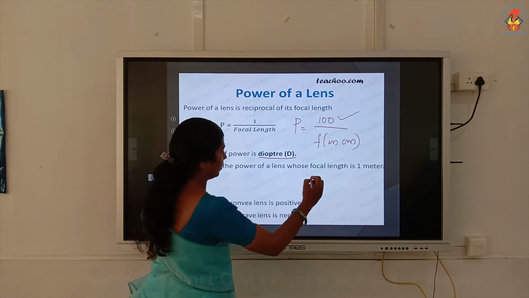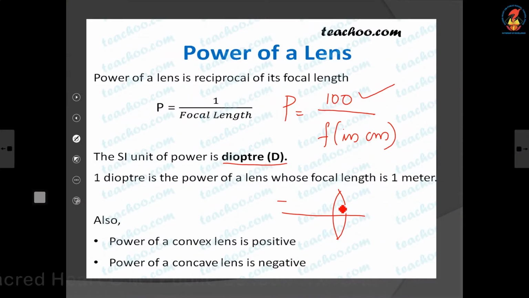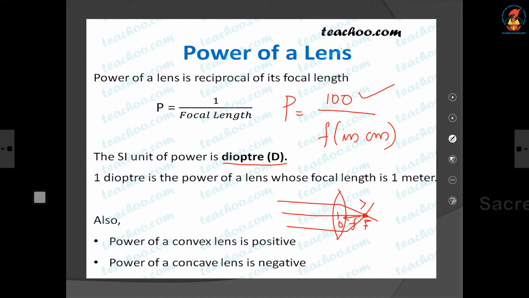I am drawing it here. This is the principal focus and this distance is the focal length. For convex, we will measure it from the optic center towards the right. So, that distance is positive.